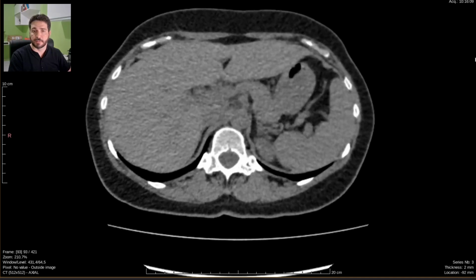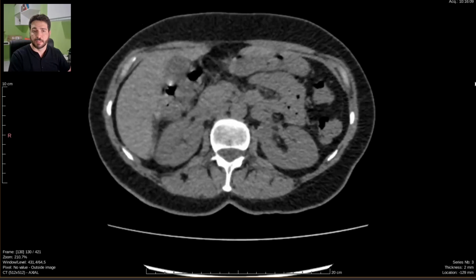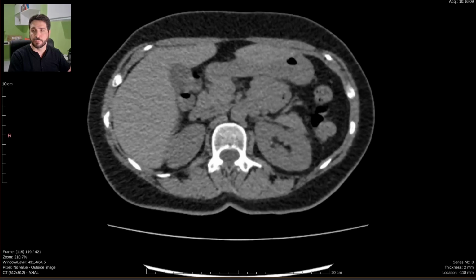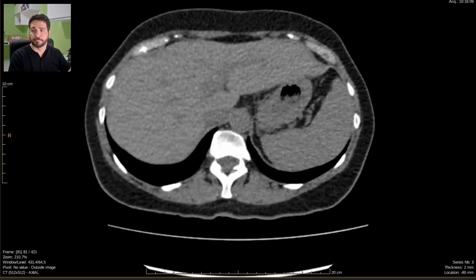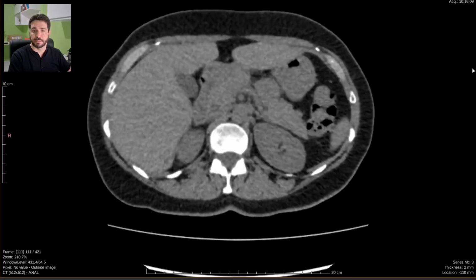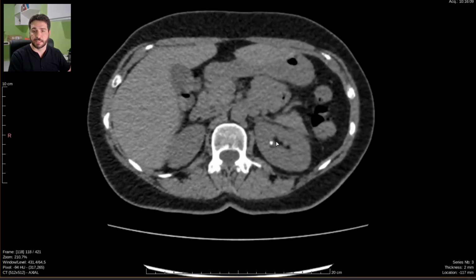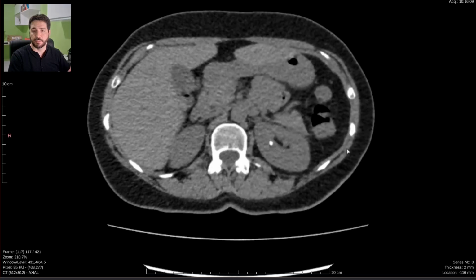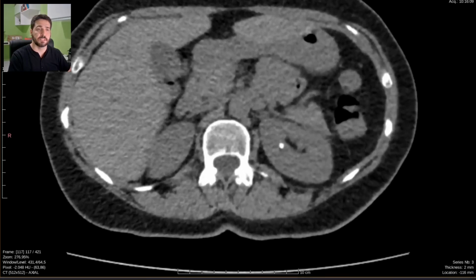begin from the top. The liver seems all right, gallbladder also, spleen and pancreas, and of course I know you guys have already spotted this small kidney stone right here. This bright spot is a kidney stone.